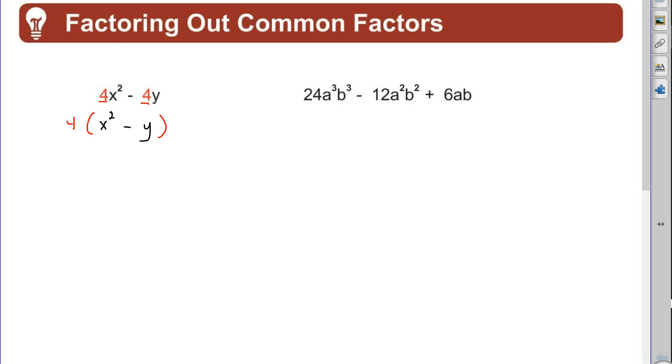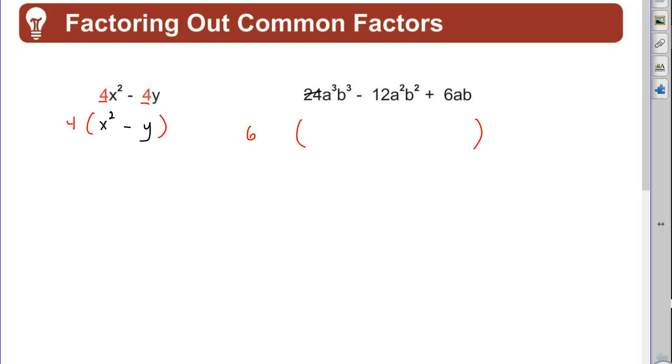Okay, so let's look at one other example here, factoring out common factors. So deal numbers with numbers, variables with variables, and now we have a trinomial. So the common factor has to be common to all three. So when I look at the numbers, first off, I think, okay, what factor of numbers is common to all three? And the conclusion is a 6, right? So let me do my numbers first.